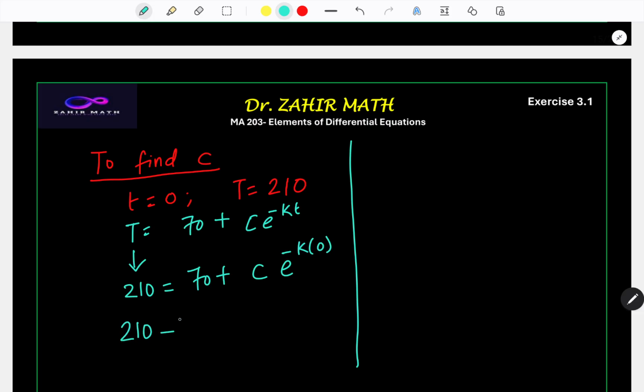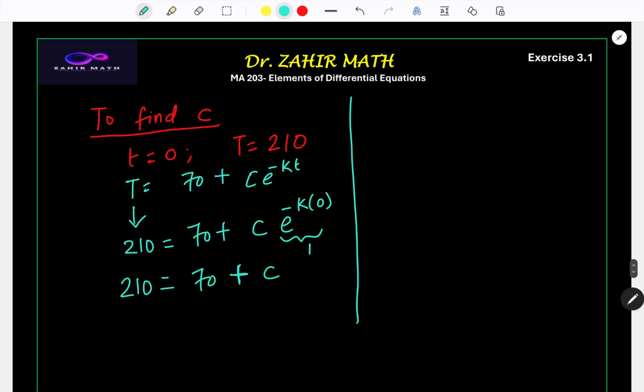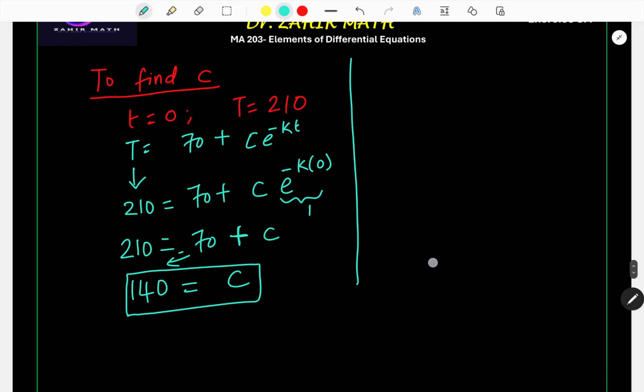So 210 is equal to 70 plus c e power minus k times 0, which is e power 0, which is 1. So this is c. So 210 minus 70, which is equal to 140, is equal to c. So c is equal to 140.